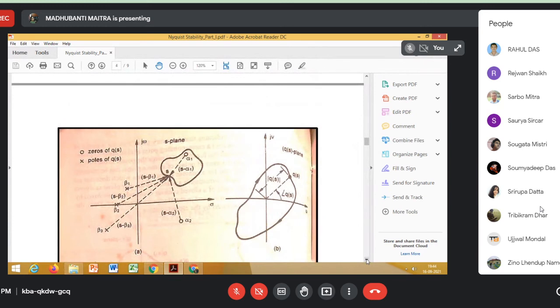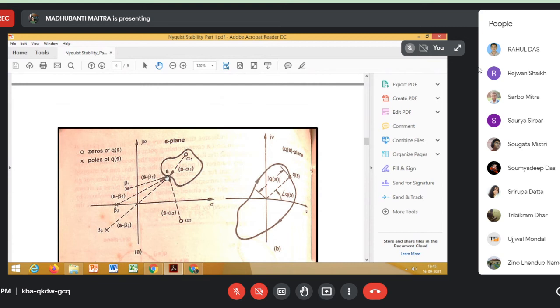If we assume these are the locations of the zeros and poles of Q(S) on the S plane, then it's clear that one single zero of Q(S) is being enclosed by this S plane contour. Got it? Okay, ma'am.